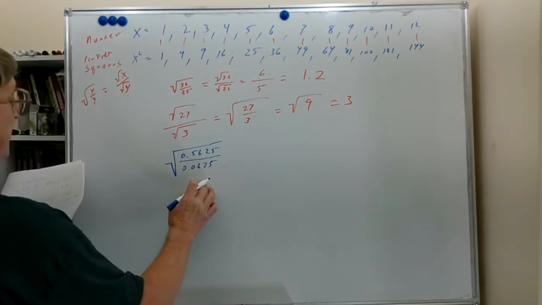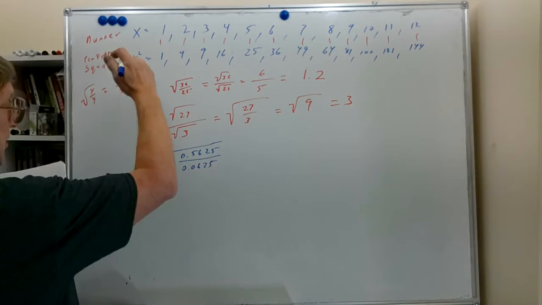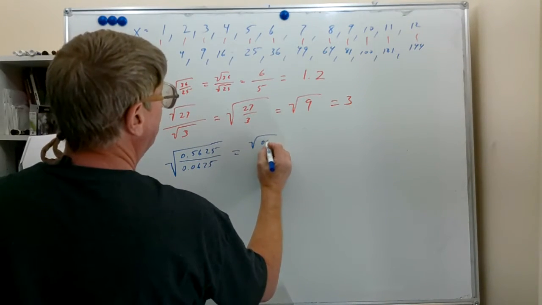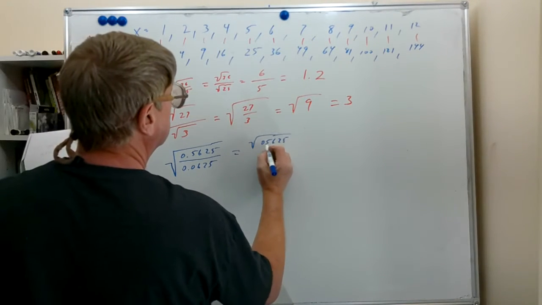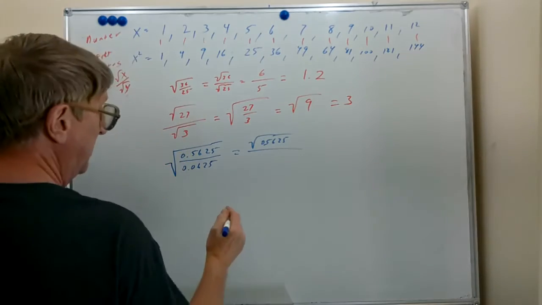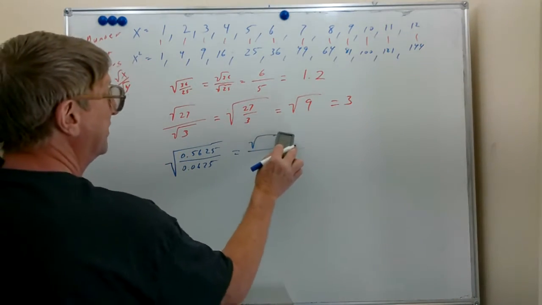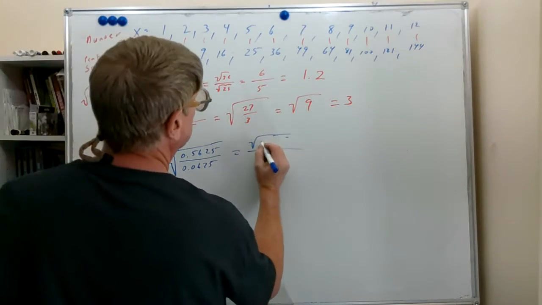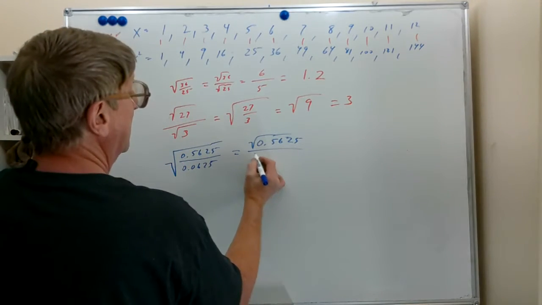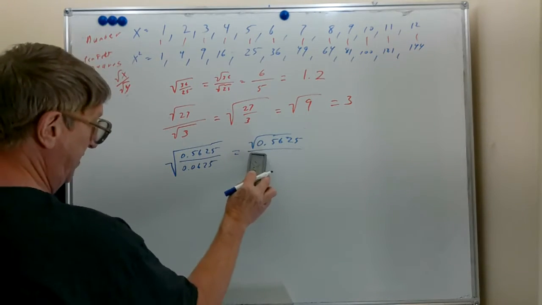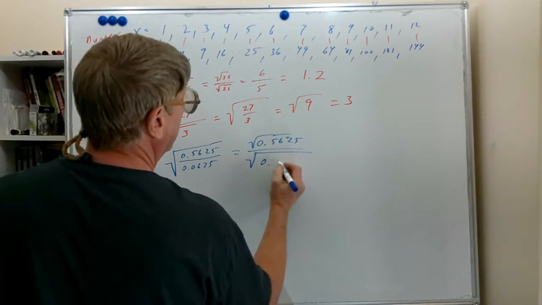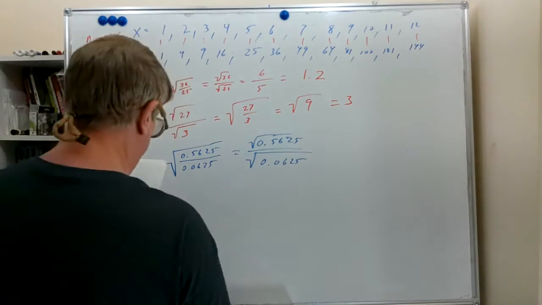We're going to utilize this part and break it into a square root of a numerator, square root of a denominator, which is the square root of 0.5625 over, get that decimal point so you can see it there. I'm going to erase that and rewrite it so the decimal point is more visible. 0.5625. Got to get my radical sign underneath there. 0.0625. Okay.